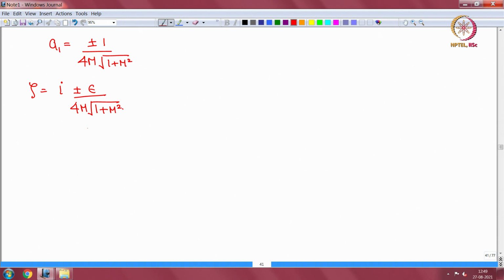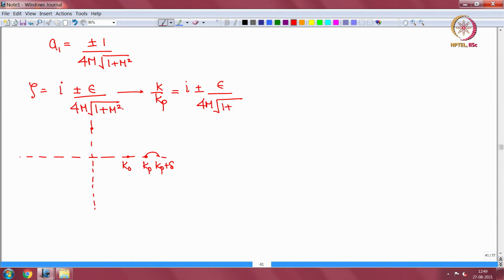Okay. So if we have to look at that picture, I have k0 here, I have kp here, kp got incremented to kp plus delta. Now here I have ikp. So if I make it dimensional now, zeta is k by kp is equal to i plus minus epsilon by 4m square root of 1 plus m square.